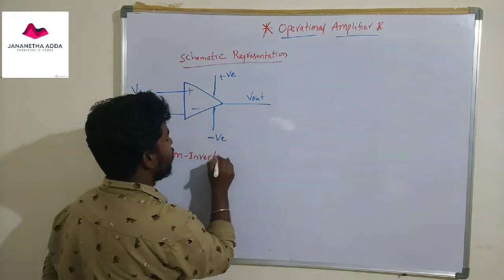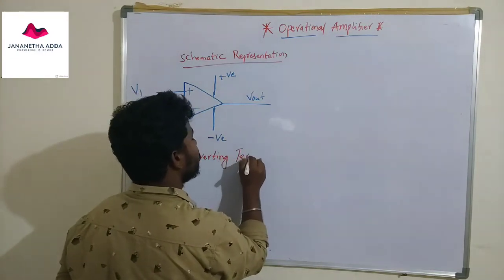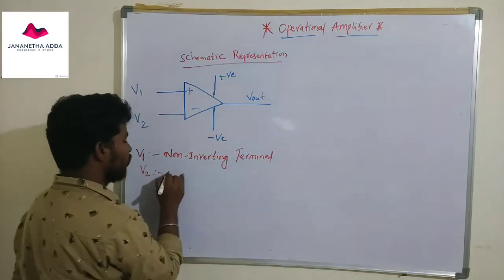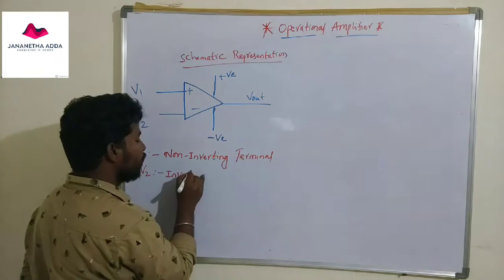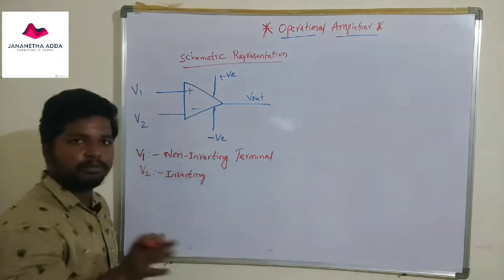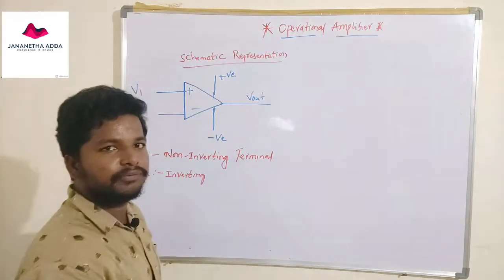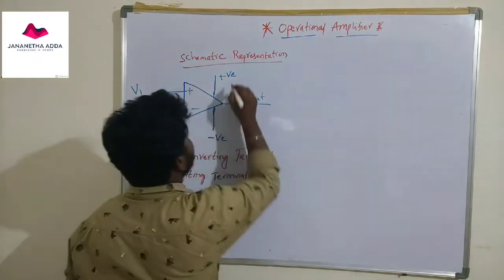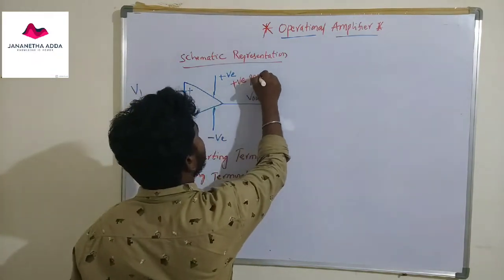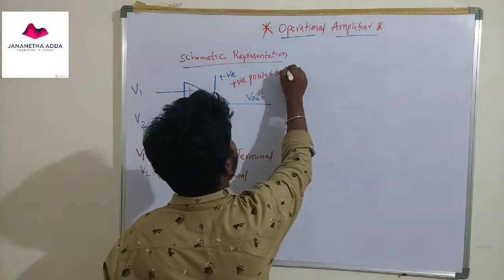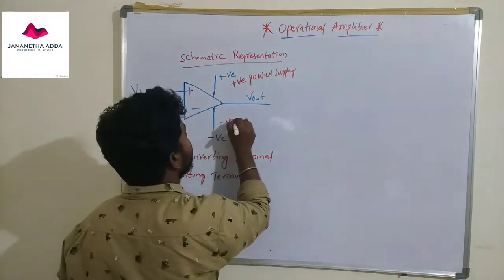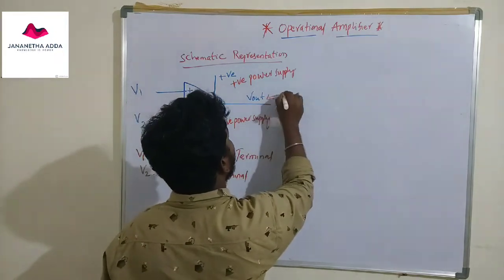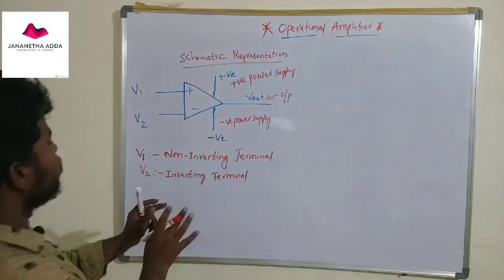V2 is the inverting terminal, because when I compare the input and output, it provides a phase shift of 180 degrees. This is the positive power supply, this is the negative power supply, and this is the output section. So these are the terminals.